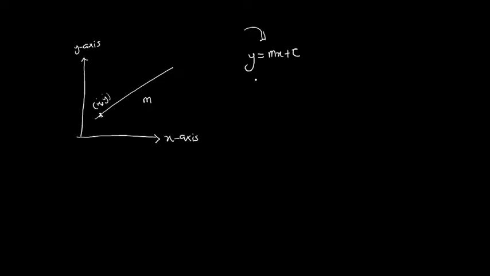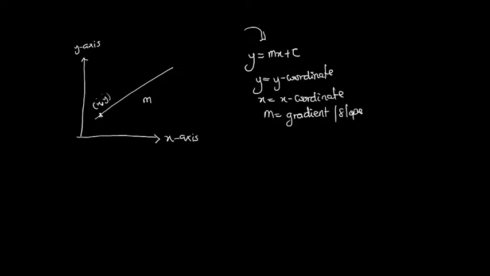Your y is your y coordinate, your x is your x coordinate, your m is your gradient or slope, your c is your constant, or the point at which the line cuts the y-axis.